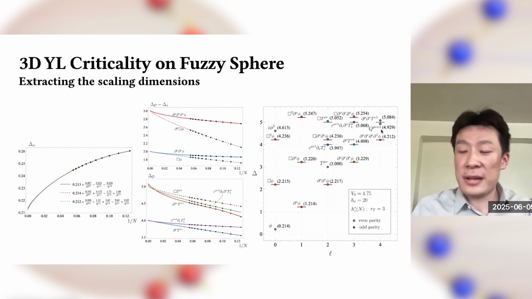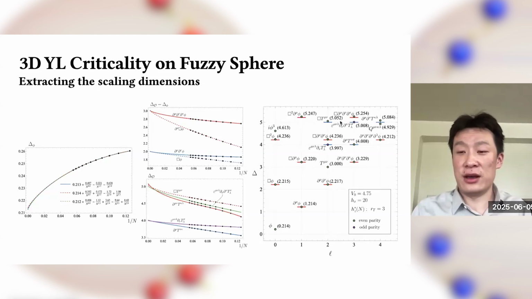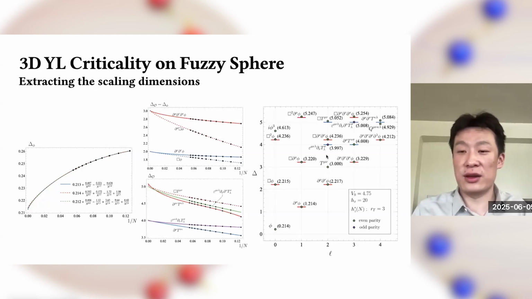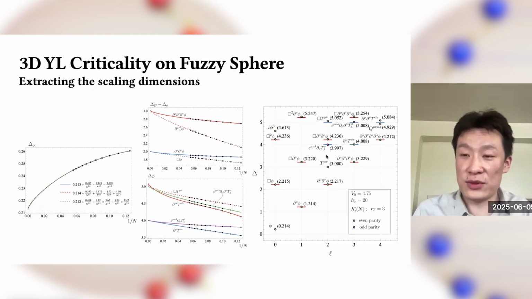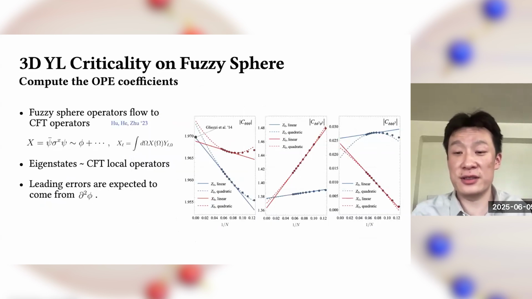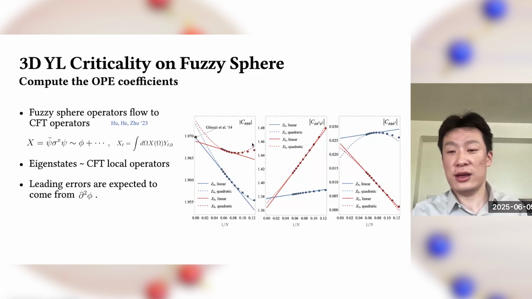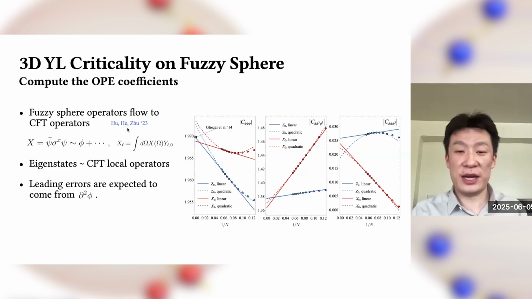Yeah, and everybody else is a descendant, and their scaling dimension agrees with the conformal symmetry, which is very nice and gave us confidence. And we also tried looking at the OPE coefficient, for which this paper gave us the method using the fuzzy sphere operators.